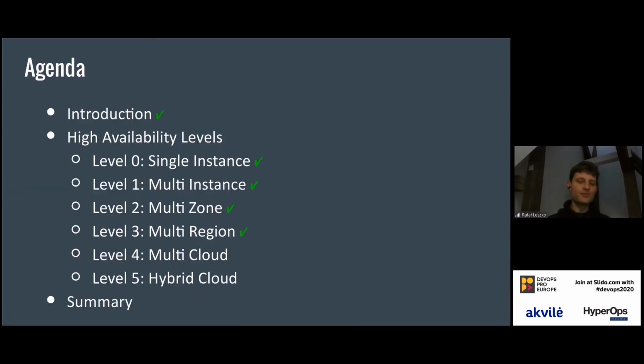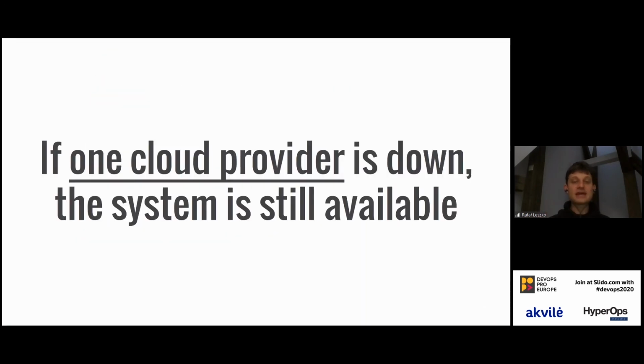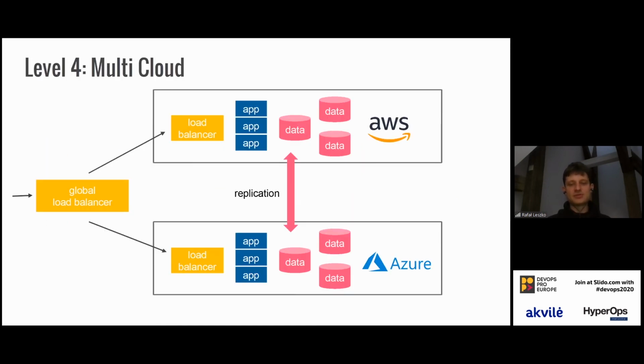Okay, let's move further. Now, a lot of companies are moving to multi-cloud. Multi-cloud is like this: if one cloud provider is down, your system is still available. So this is a diagram. It actually looks similar to what we've seen for multi-region, because we have some global load balancing to different environments.